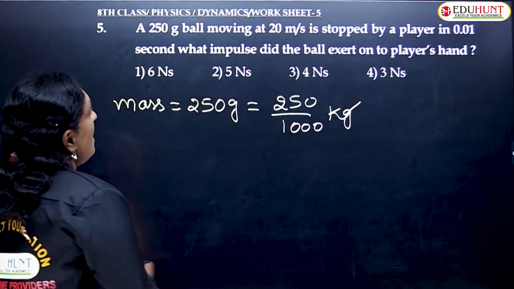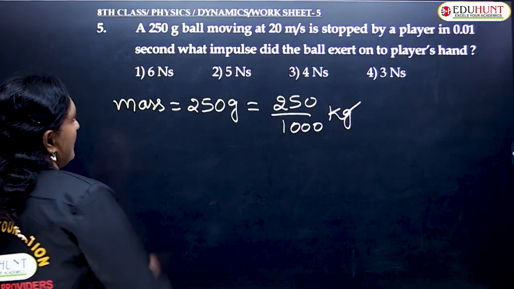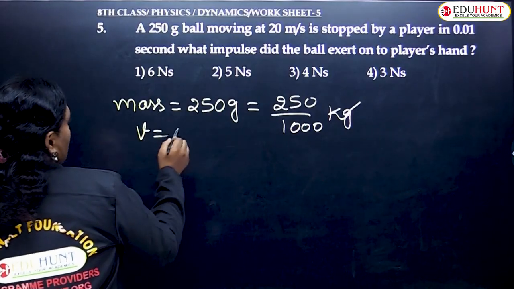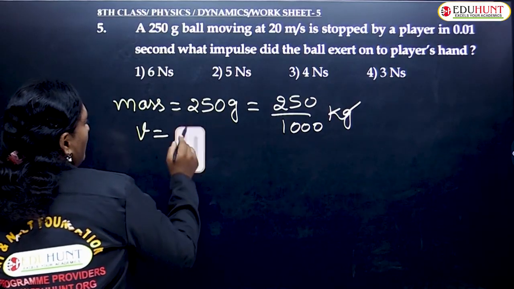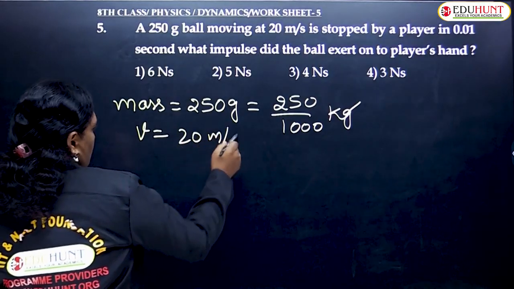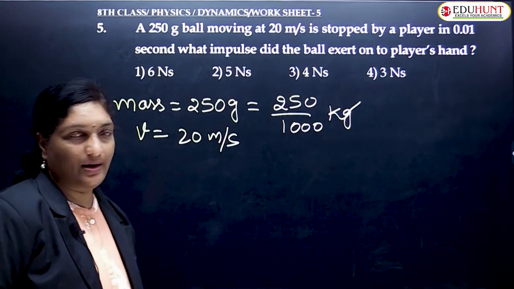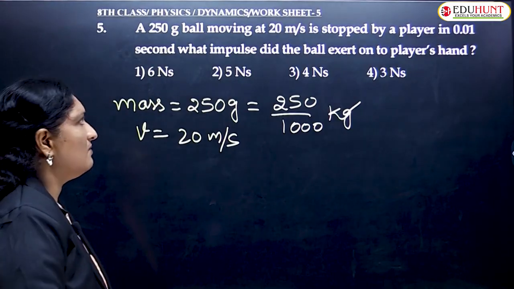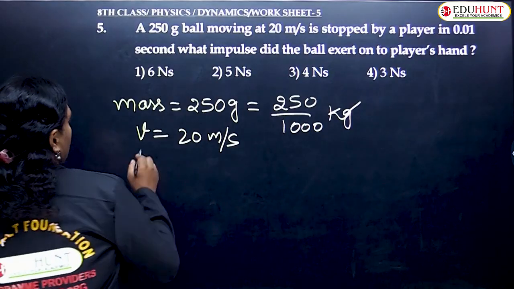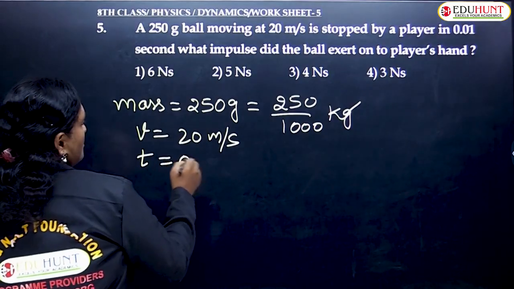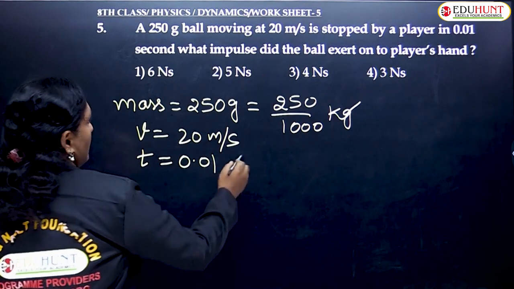What else is given? The ball was moving at a speed of how much? Velocity is given as 20 meter per second. Finally, it is being stopped. And the time is given as how much, children? 0.01 seconds.